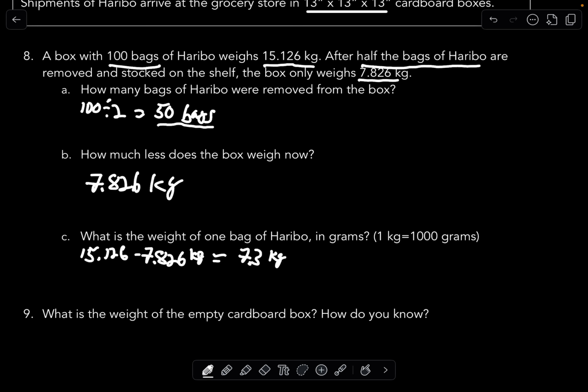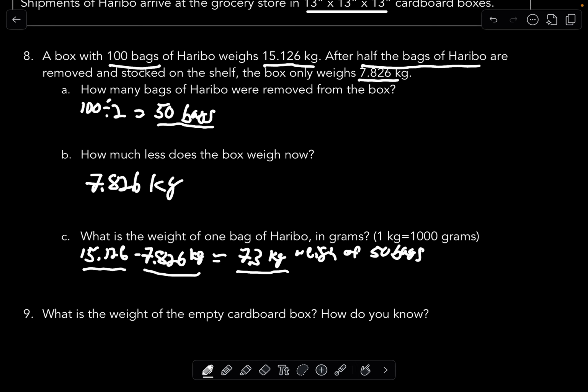That equals the weight of 50 bags. Why? Because remember, 15.126 is the weight with 100 bags, and this is the weight now. When we subtract the two, that must be the weight of the 50 bags of gummy bears that were removed.